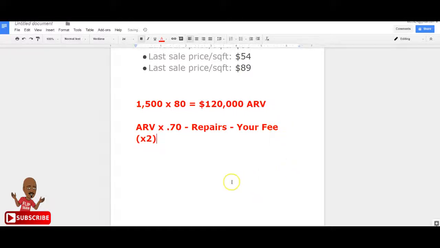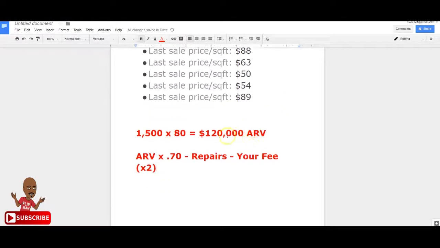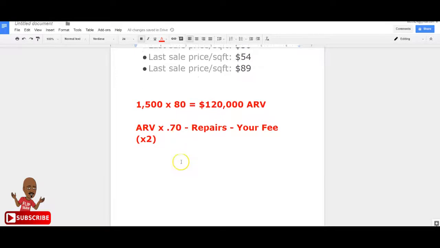So boom, there you go. That's the actual formula to determine the maximum offer. So you would plug in the $120,000 times 70%. I'll do that for you guys. So it's $120,000 times the 70%.